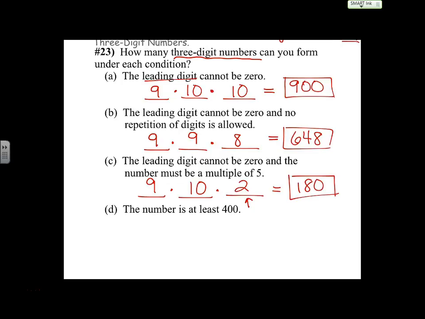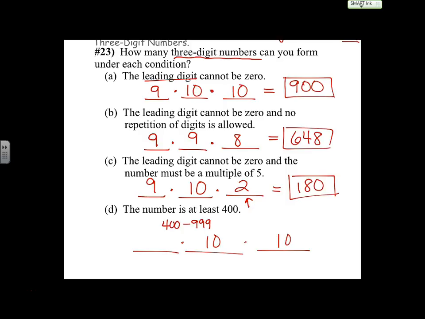This last one says the number is at least 400. There are 2 different ways of doing it. One way is to say, okay, fine, I can have all the numbers from 400 to 999. Let's see if that matches up with the other way: at least 400 seems to have no restrictions on the 1s or 10s.